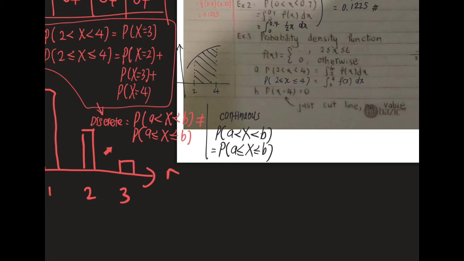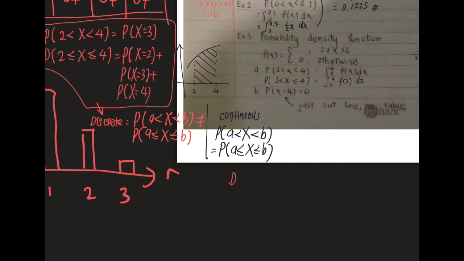You just substitute the 4 into the probability function, then you will get the probability. But in continuous, when they ask for the probability of one single value, we always have 0 area. But in discrete, yes, we have a value. In continuous, no value.